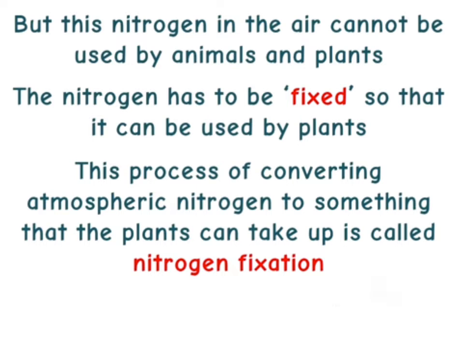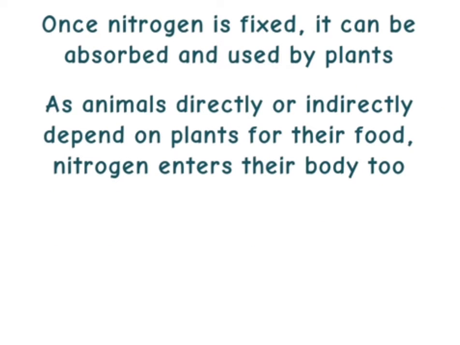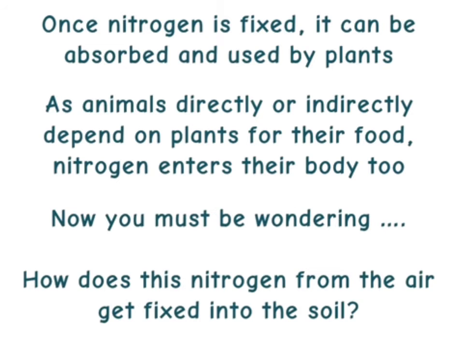This process of converting atmospheric nitrogen to something that the plants can take up is called nitrogen fixation. Once nitrogen is fixed, it can be absorbed and used by plants. As animals directly or indirectly depend on plants for their food, nitrogen enters their body too.